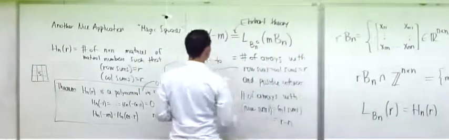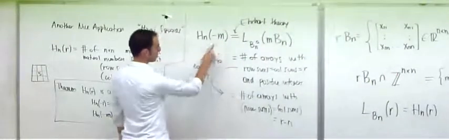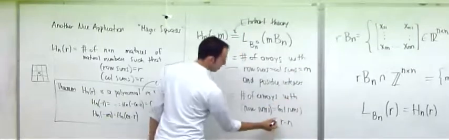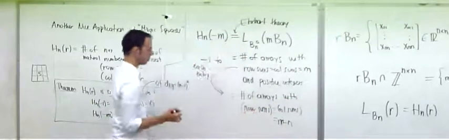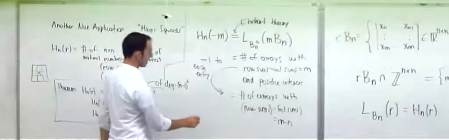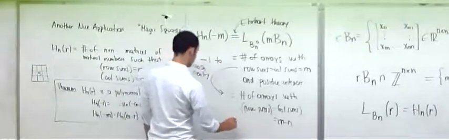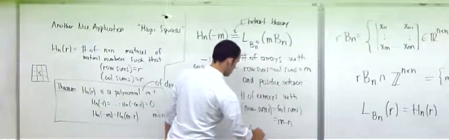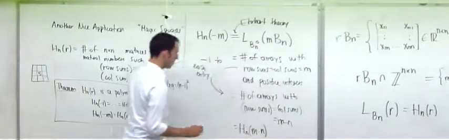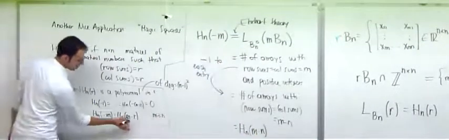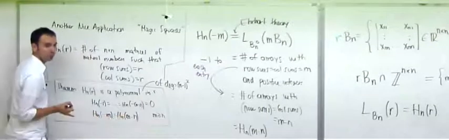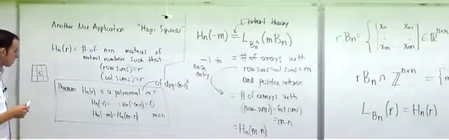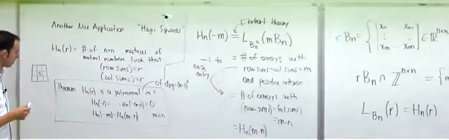Looks like I mixed up my M and my R. So this is M, M, M, M. Okay? And so this is exactly H sub N of M minus N. And that shows that actually I had a typo here. This should be N minus N. Okay?